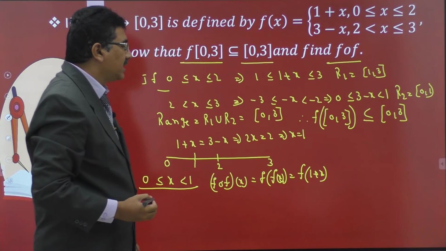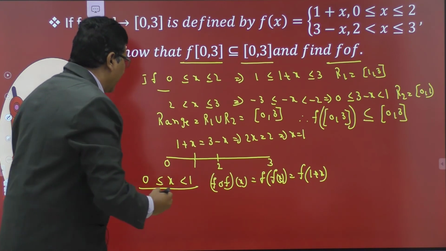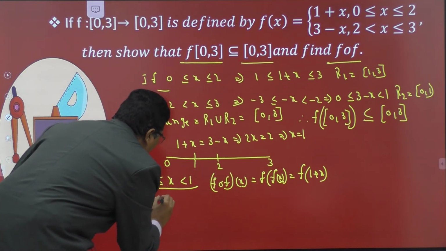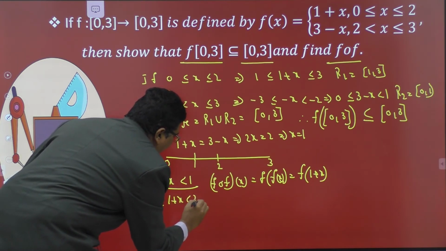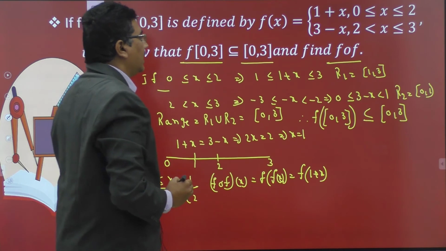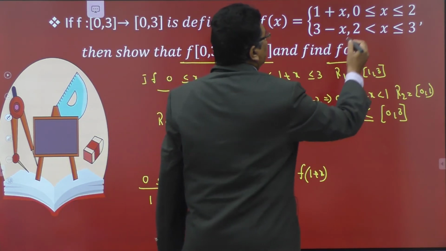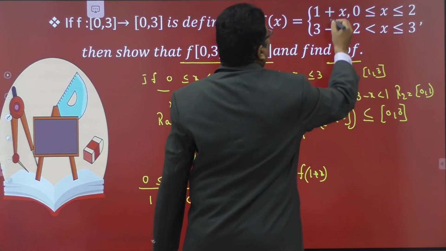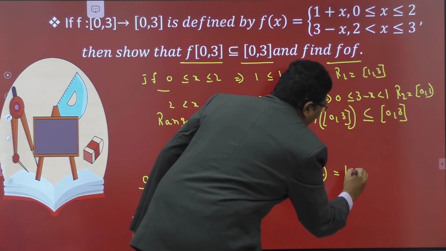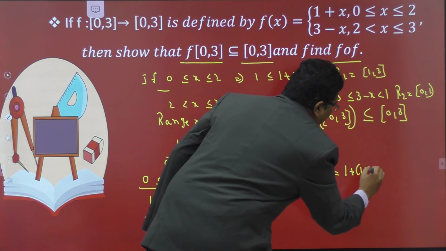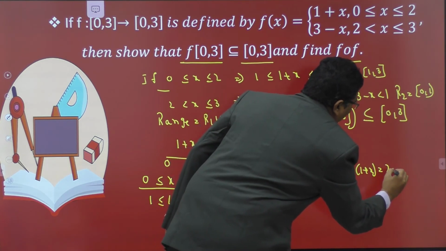Here x lies between 0 and 1, so 1 plus x also lies between 1 and 2, that is, 1 less than or equal to 1 plus x less than 2. Then its image is 1 plus (1 plus x), that is equal to 2 plus x.